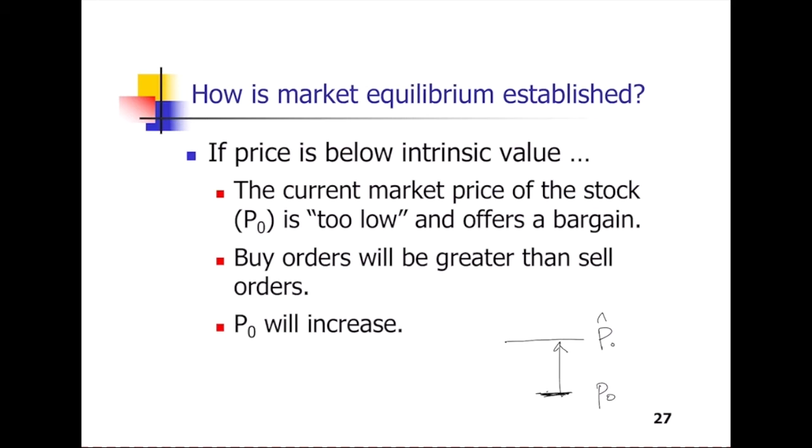The price will increase. The opposite case: the current stock price P0 is higher than intrinsic value. In that case, the investors think that this price is too high, so they sell the stocks, and the price goes to intrinsic value.